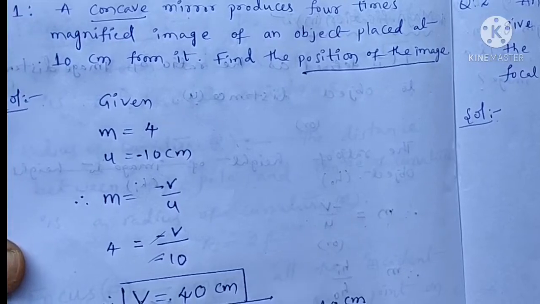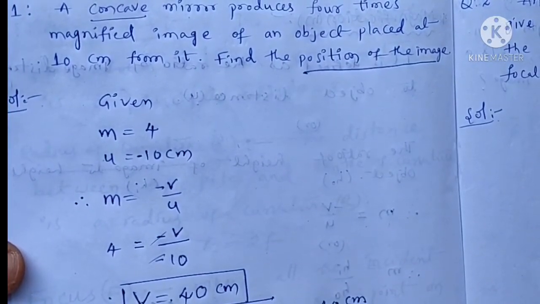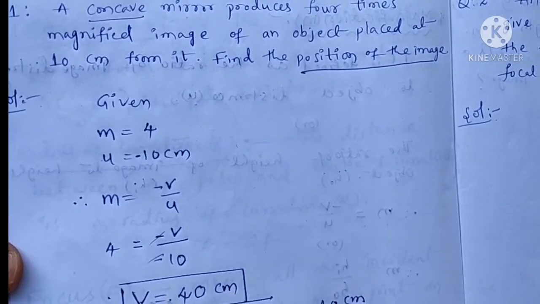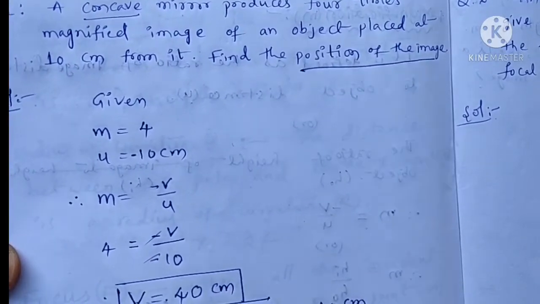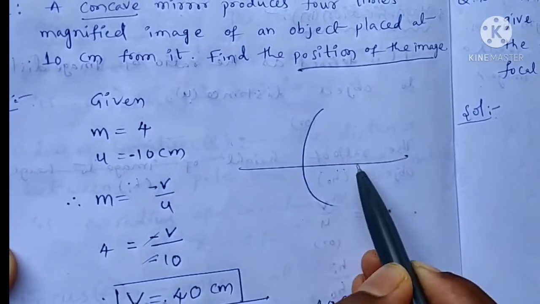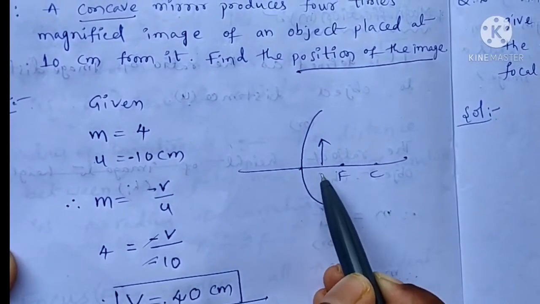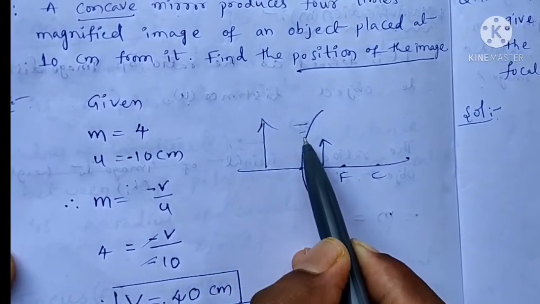So when do we get a positive image distance on a concave mirror? Generally we get a negative sign for the image distance, but in only one situation we get a positive value, when the object is placed between pole and focus, then we get the image beyond the mirror.